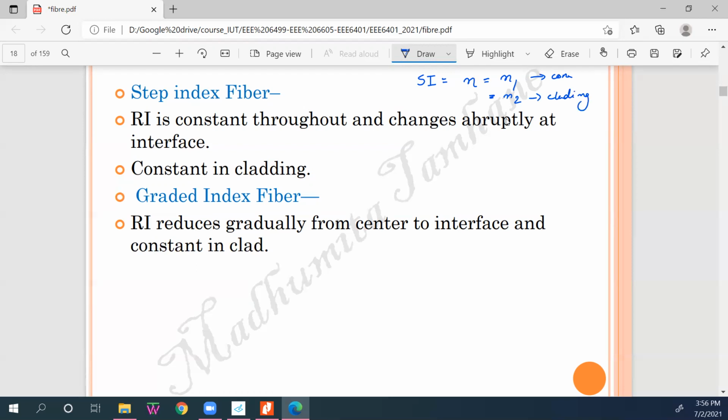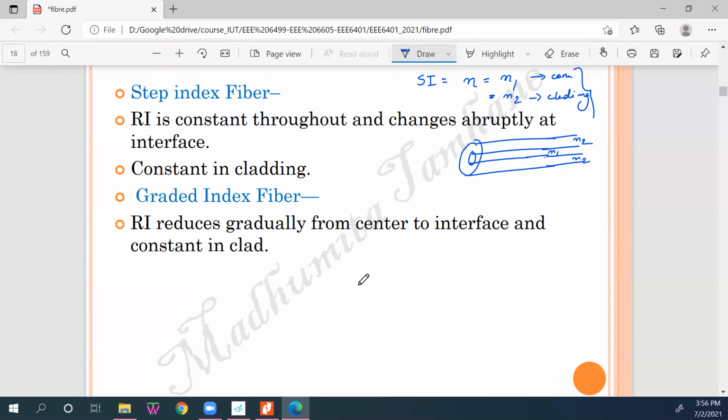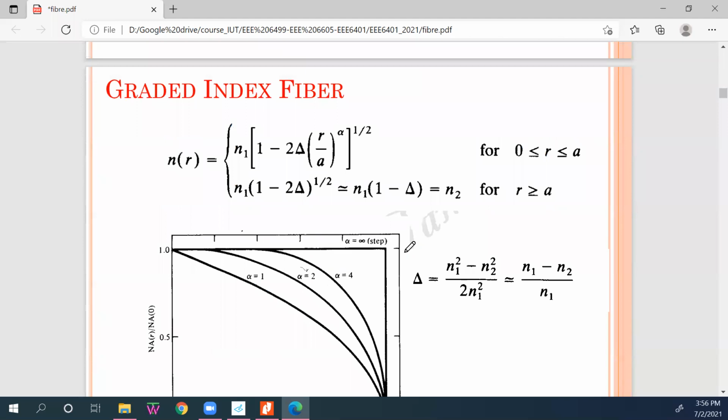Straightforward. If this is the core and the cladding, this is N1 and this is N2 in the cladding. So this is obvious.